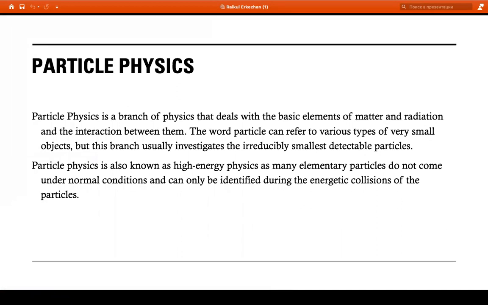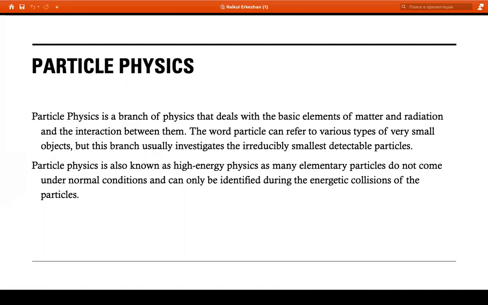Particle physics is a branch of physics that deals with the basic elements of radiation and the interaction between them. The word particle can refer to various types of very small objects, but this branch usually deals with detectable particles.